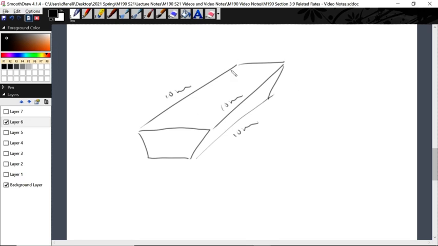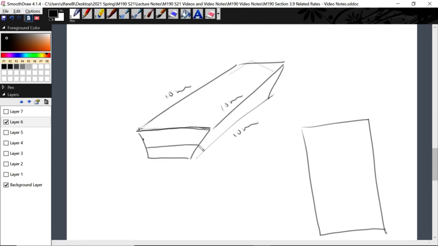Looking at this from above, if you were looking straight down on this thing, you're just going to see a rectangle. But as we can see from the cross section, if the water were filled all the way to the top, the very top slice of water would be a larger rectangle than if you took a slice from down here.